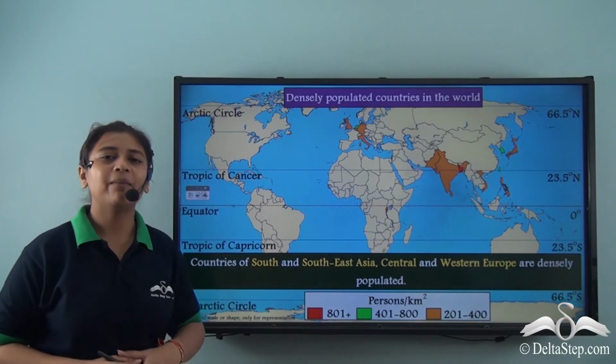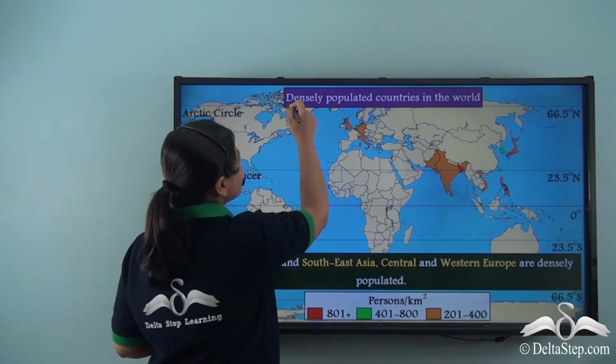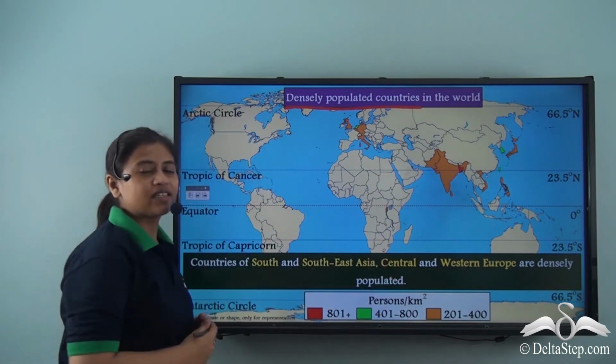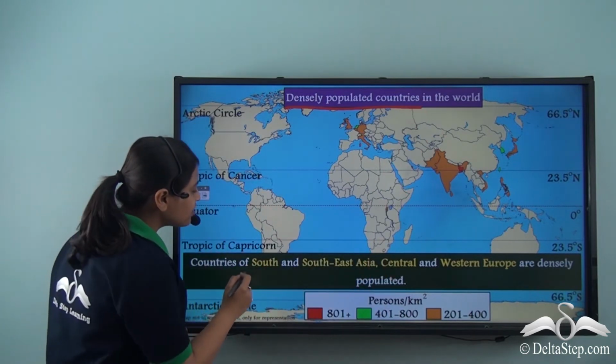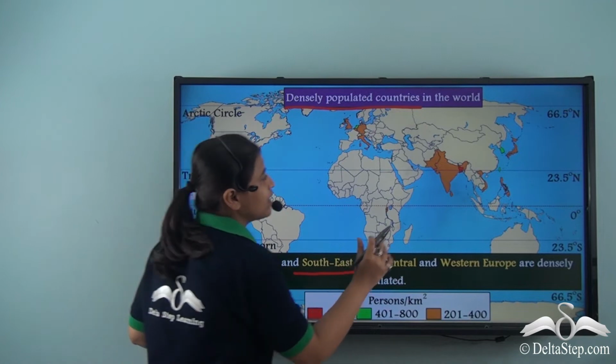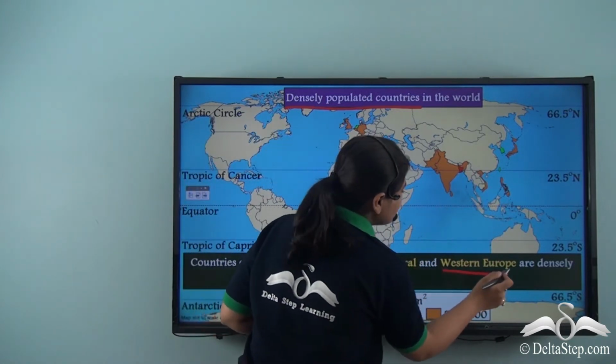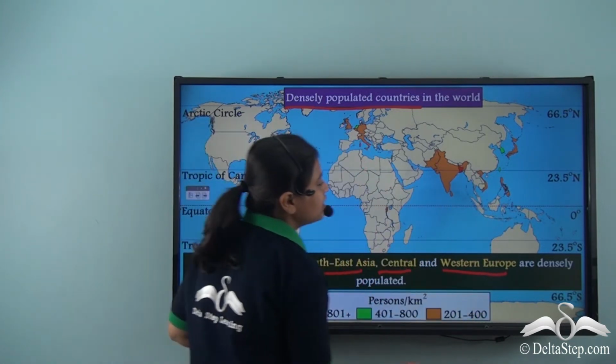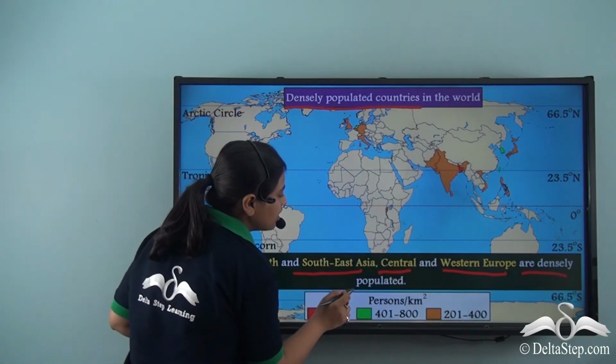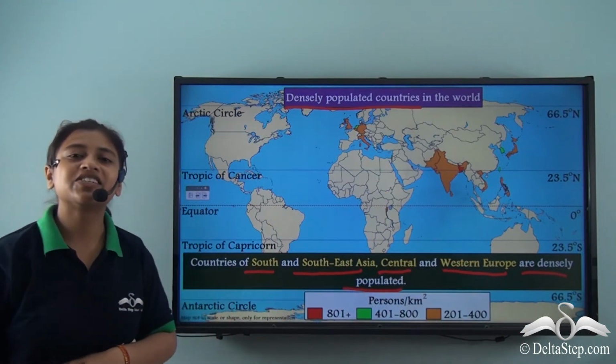So here we have a map that shows us the densely populated countries in the world. And we have countries of South and Southeast Asia right here, and Western Europe and Central Europe right here. These countries are the most densely populated countries of the world.